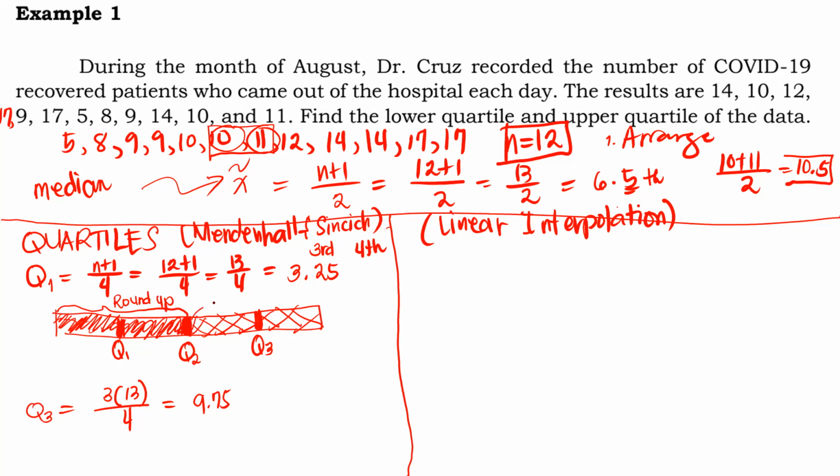And if your data is on the right side, you have to round down. Which means, if you have Q sub 1, which is 3.25, your data is the third data.